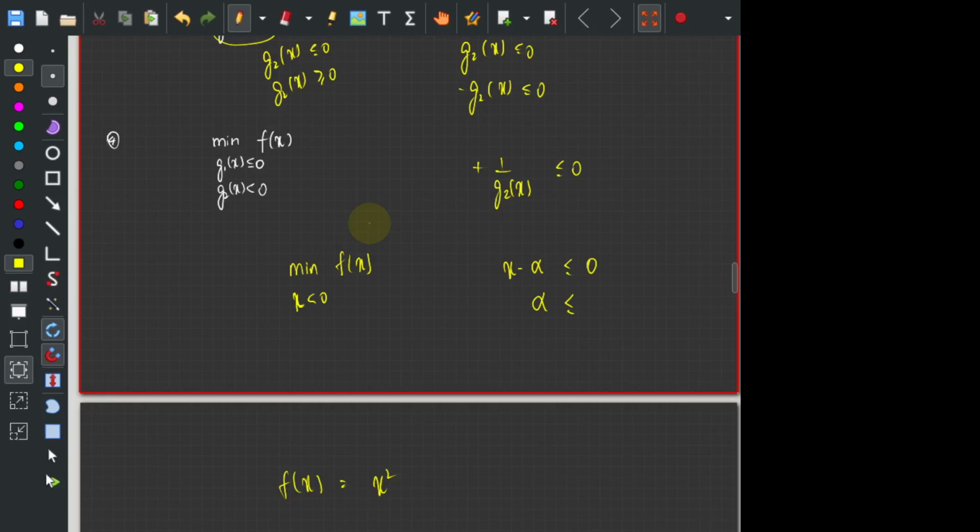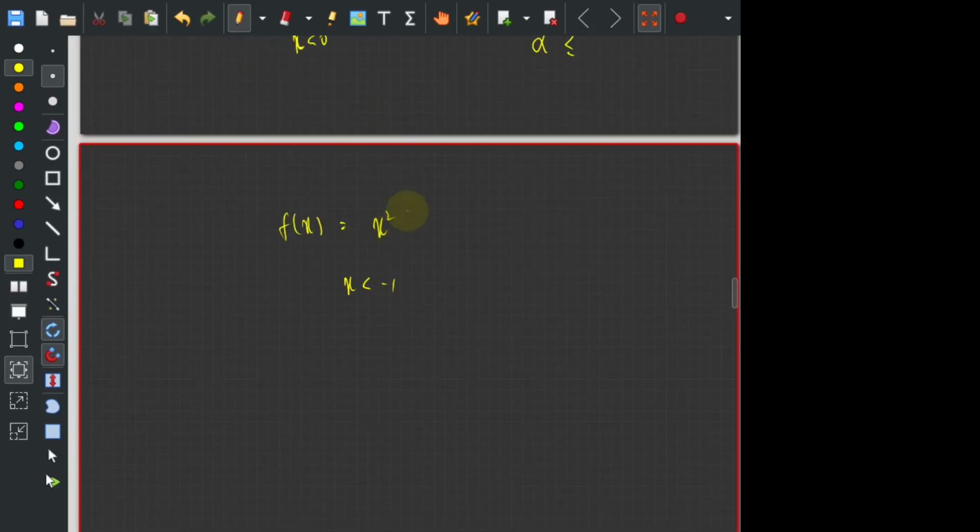Maybe to rephrase your question, it's possible that in this scenario, this was an example where the minimum did not exist. But if I had instead imposed the constraint that x is strictly less than 1, then the minimum is well defined; it exists, and it's equal to 0.